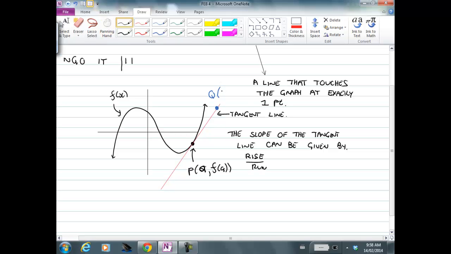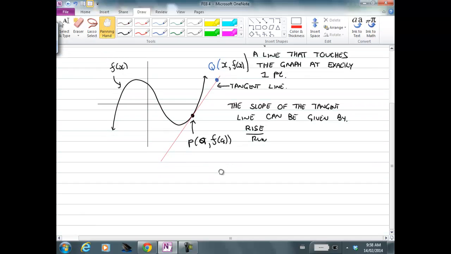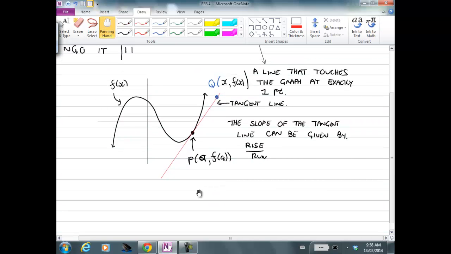So we'll call this x, comma, f of x. So far so good. I didn't do anything hard. I just chose 2 points. One on the tangent and one on f of x.